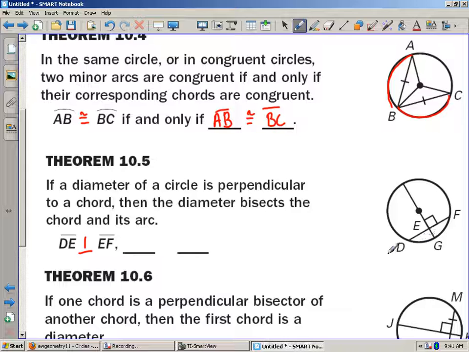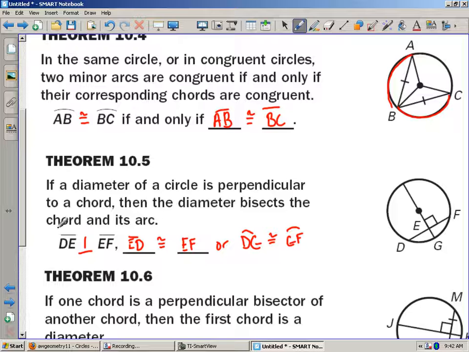So there are two things we could write here: segment ED is congruent to segment EF, or arc DG is congruent to arc GF. So there are really two things that come out of it. I think they want the arc one in this one, but the chords are also the same thing.